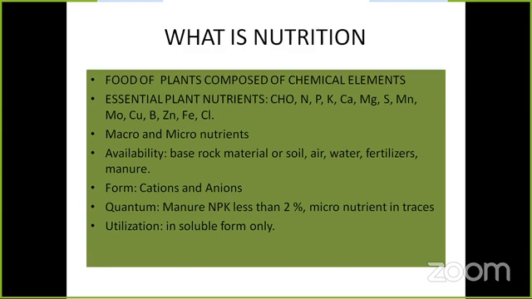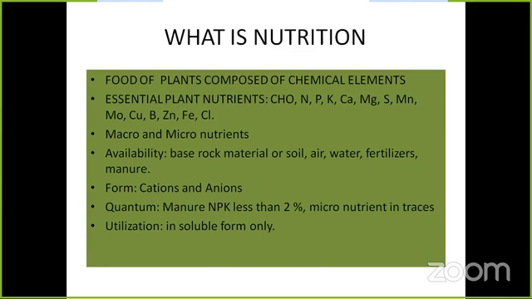Like this, there are mainly 16 different elements. They are classified as macro and micronutrients. The macronutrients are basically NPK, nitrogen, phosphorus, and potash, and all the other nutrients or chemical elements are called micronutrients.